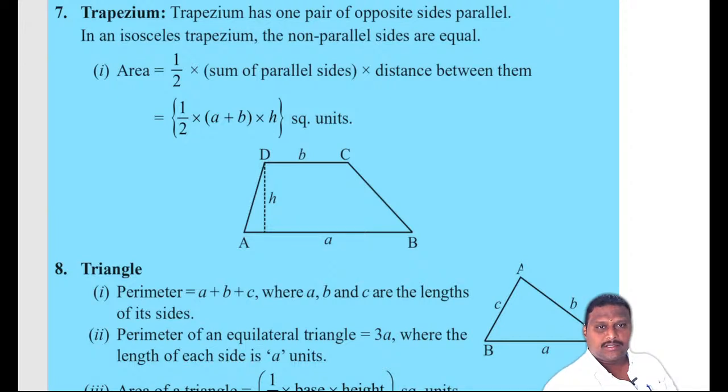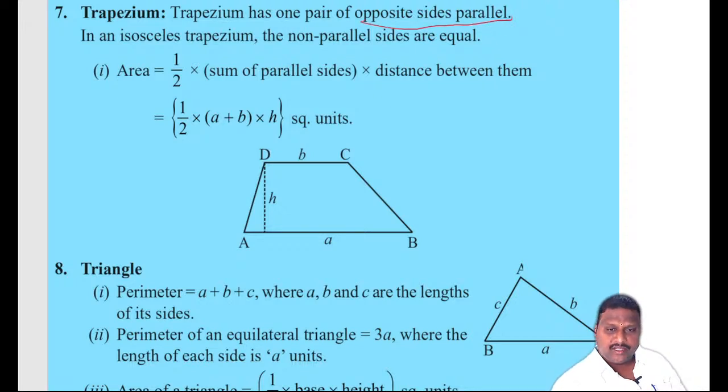The next, trapezium. Very important. The property of the trapezium is that a trapezium has one pair of opposite sides parallel.